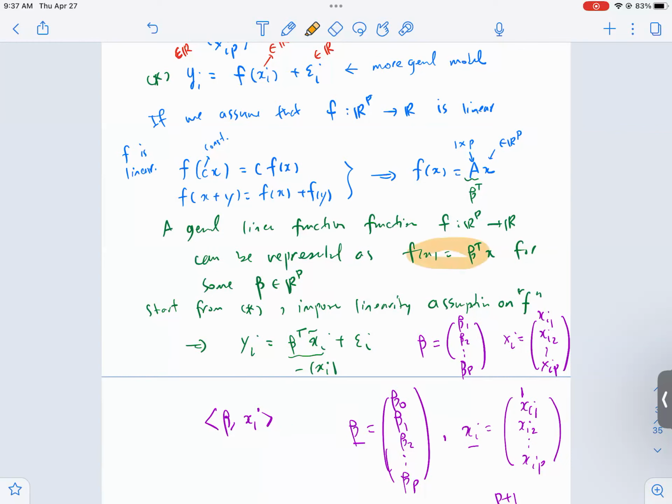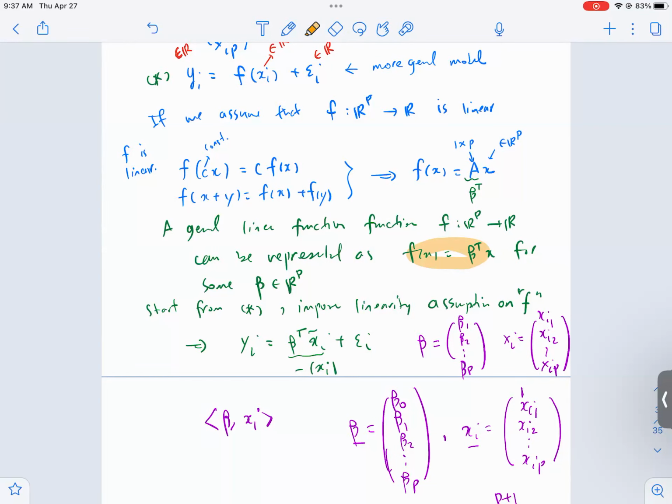So f of x is going to be equal to some vector times x, and that vector has to be 1 by p if x is p-dimensional. So the function maps from Rp to R. The feature vector has p dimensions, and the target has 1 dimension.